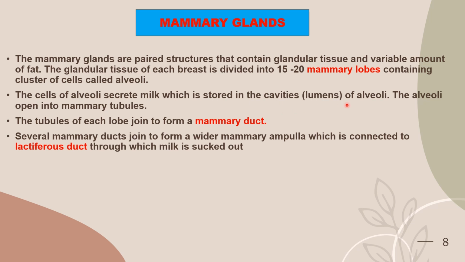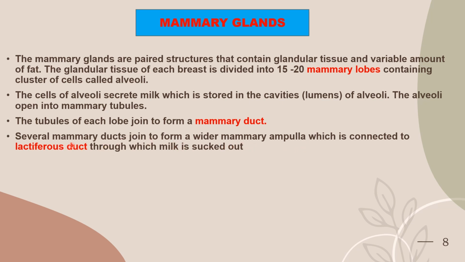The cavities of the alveoli, the lumen of the alveoli, further open into the mammary tubules, and the tubules of each lobe join to form a mammary duct, and several mammary ducts join to form a mammary ampulla.